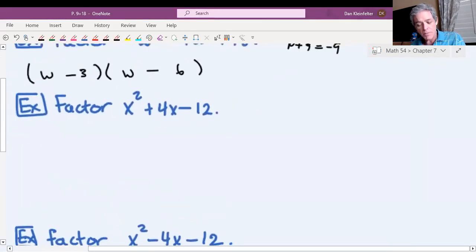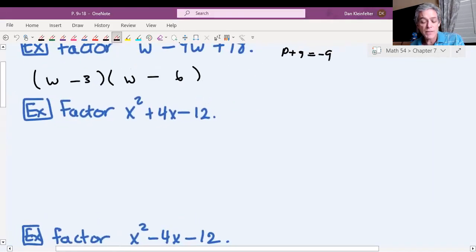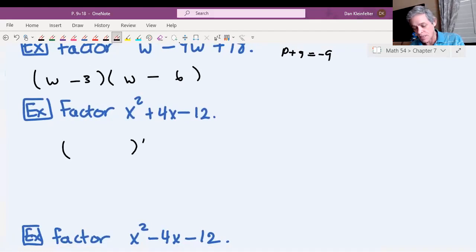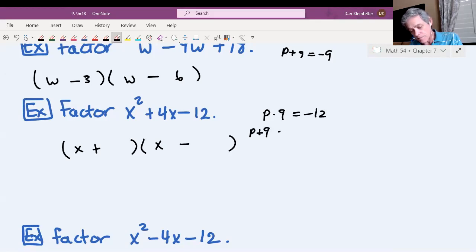Okay, we have x squared plus 4x minus 12. This time there's a negative sign in the back instead of a plus sign. So this time we're going to have a positive and a negative. The two numbers we're looking for will be different in sign. They need to multiply to be negative 12, and they need to add up to be positive 4.